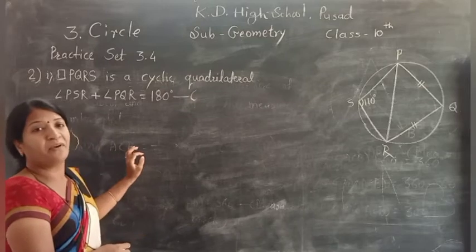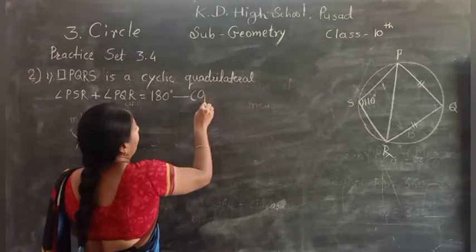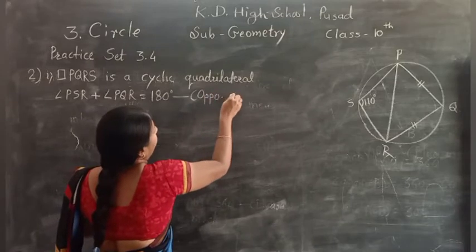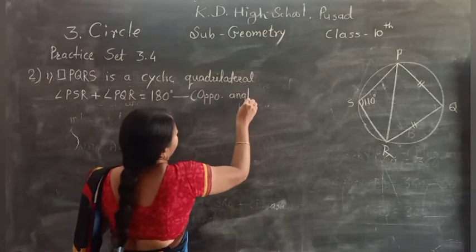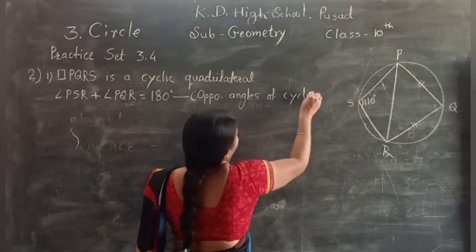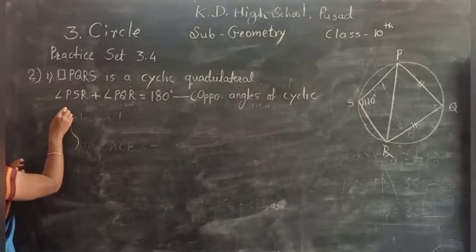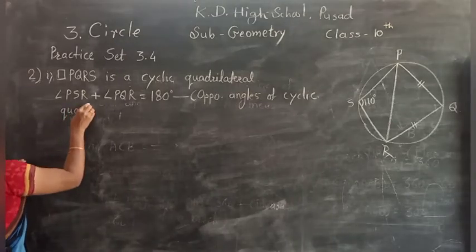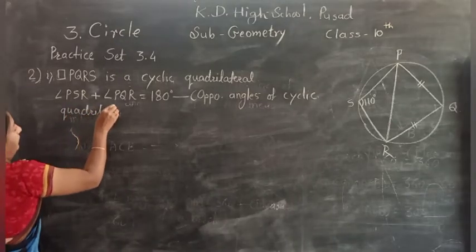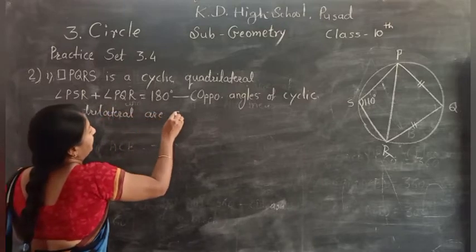Opposite angles of a cyclic quadrilateral are supplementary.